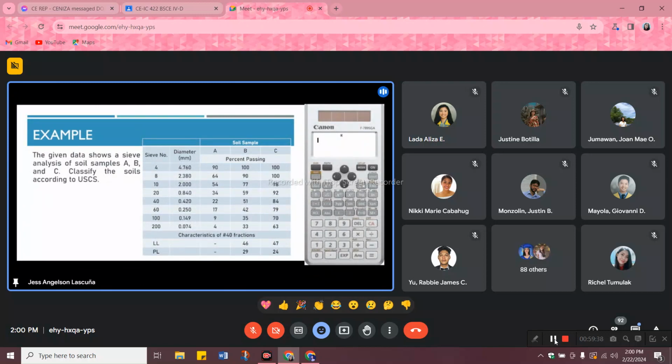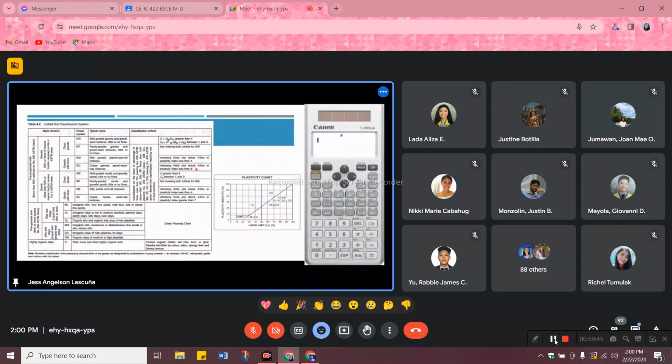Sige, so mag-start na ta sa siya pag-classify using USCS Soil Classification System. Okay.